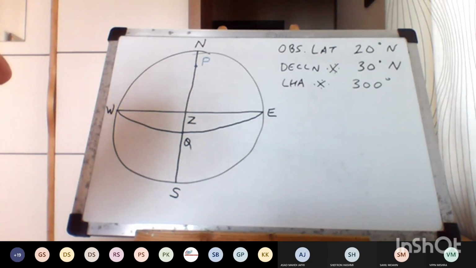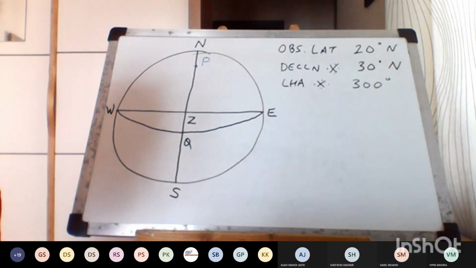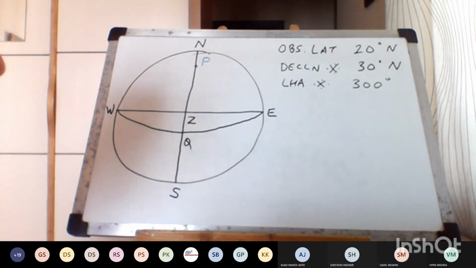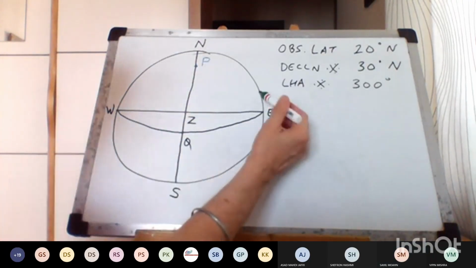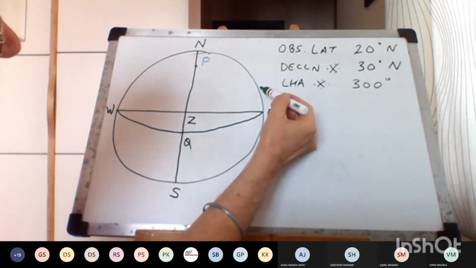How should the declination line follow? Sir, it should be parallel to WQE. So 30 degrees north, it means I should draw north of east or south of east? Sir, north. North of east, 30 degrees.